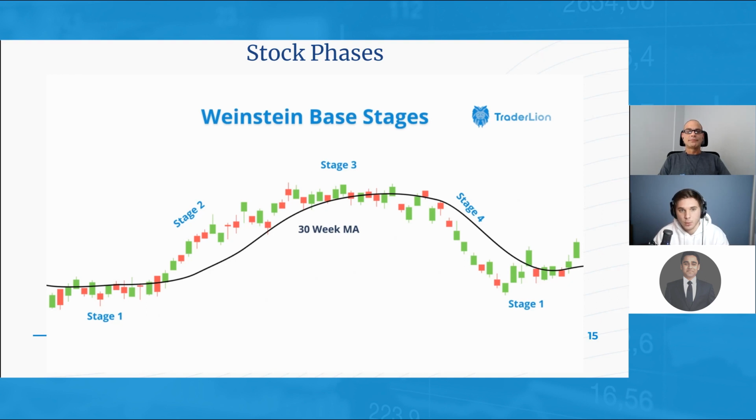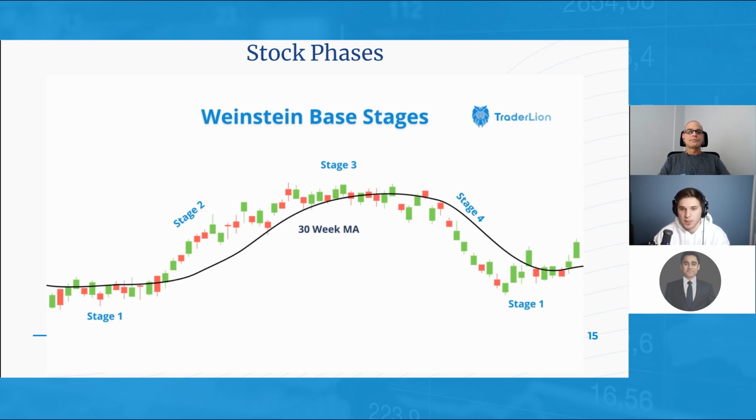The Weinstein base stages basically oscillate between stage 1, which is neglect basing, stage 2, which is a strong uptrend, and stage 3, which is after a strong uptrend, once again a kind of basing, neglect stage. That stage 3 can either continue on with a strong stage 2, or it can transition to a stage 4, which is distribution.